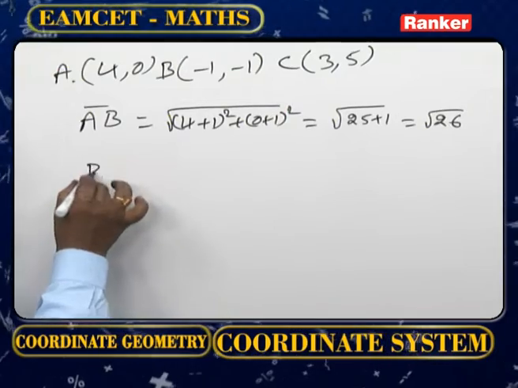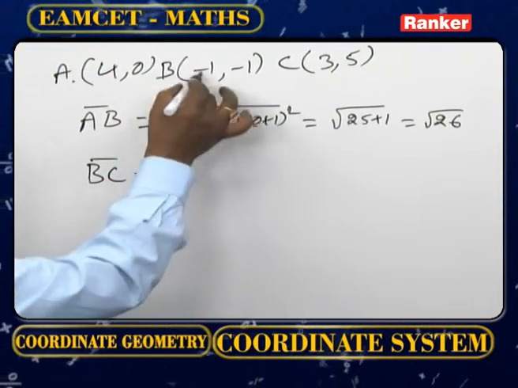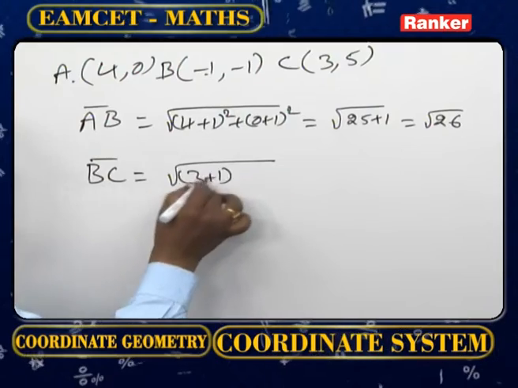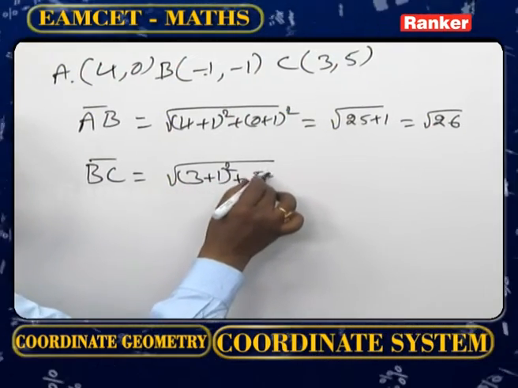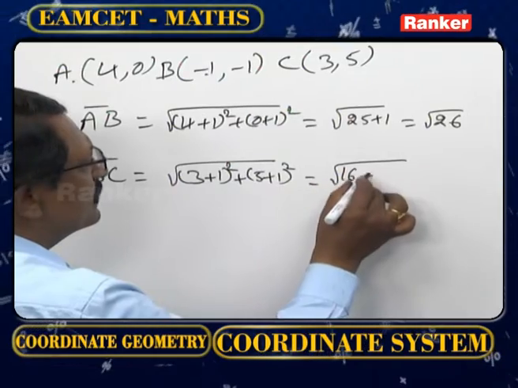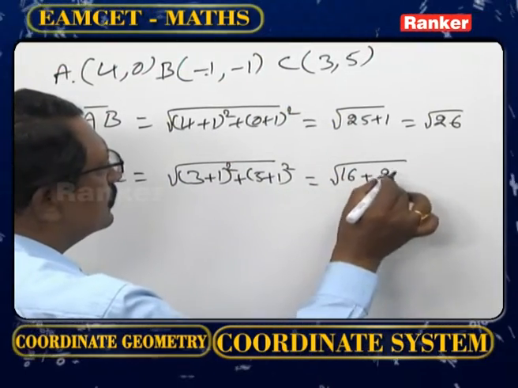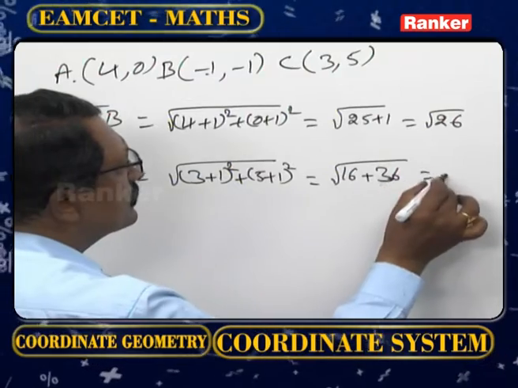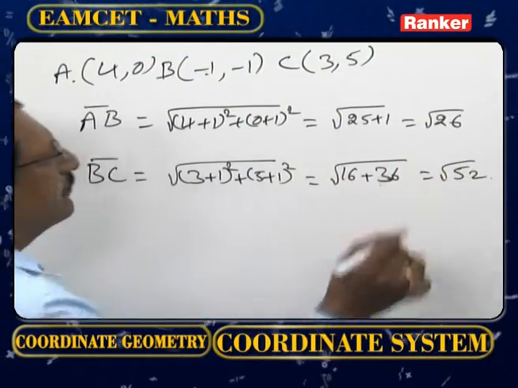Next, the distance BC equals square root of 3 plus 1 whole square plus 5 plus 1 whole square, that equals root of 16 plus 36, that equals root 52.